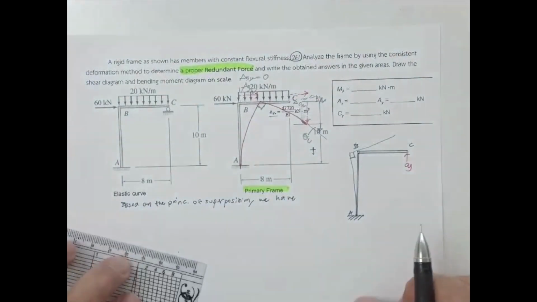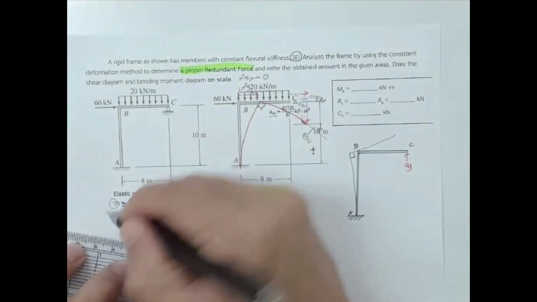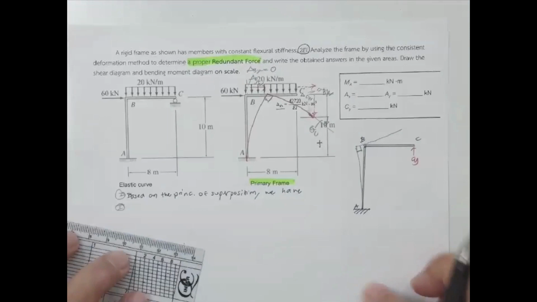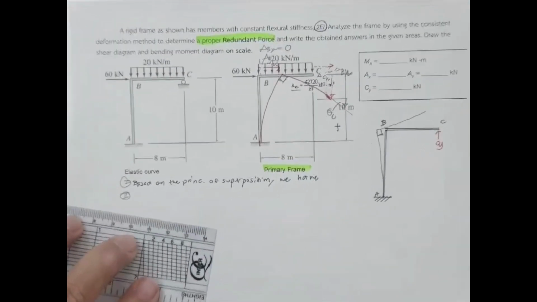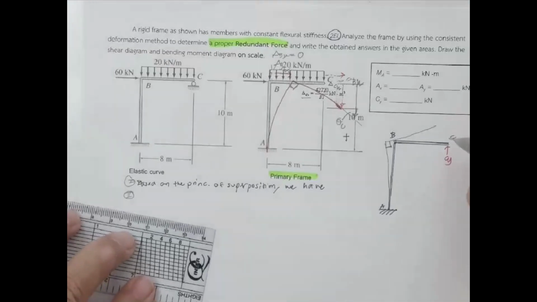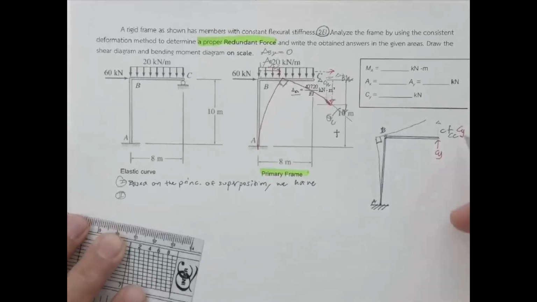And then second, we're going to write the compatibility condition. Based on this, we have F sub CC times C sub Y. Because C sub Y is unknown, we set C sub Y equal to 1.